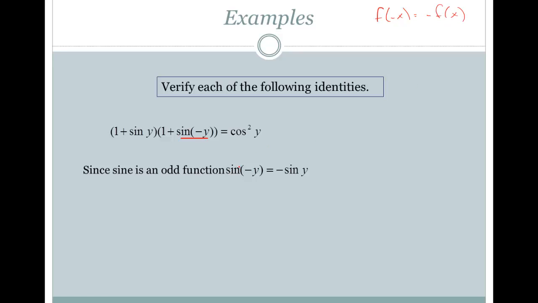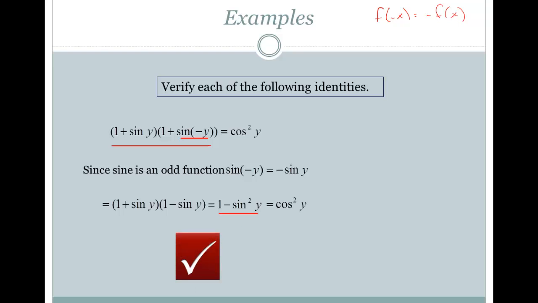So sine of negative y is equal to negative sine of y. Let's plug that in. Now, again working with this side of the equation, what I want to do is FOIL that out. If I FOIL that out, we get 1 minus sine squared y. Again, this looks very familiar, because that's a Pythagorean identity, and that simply equals cosine squared y. And so we verified that one.